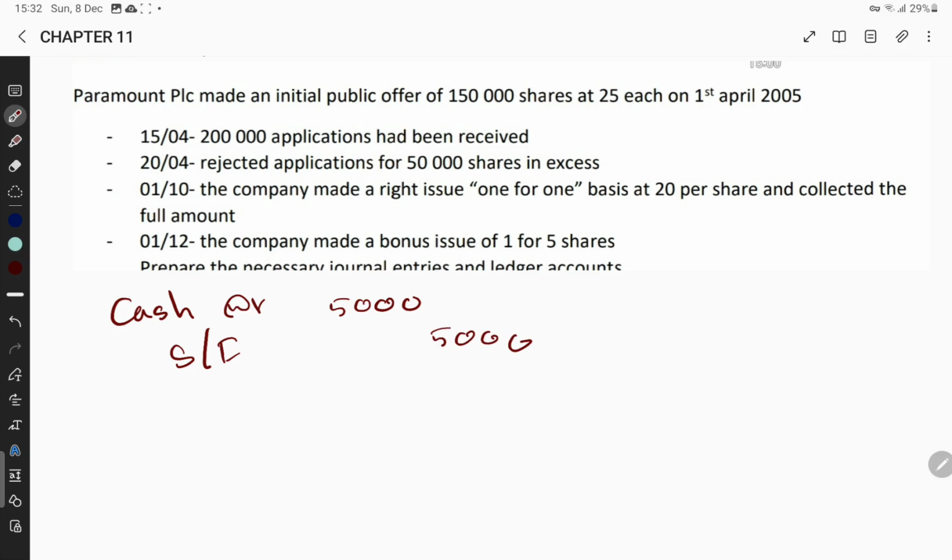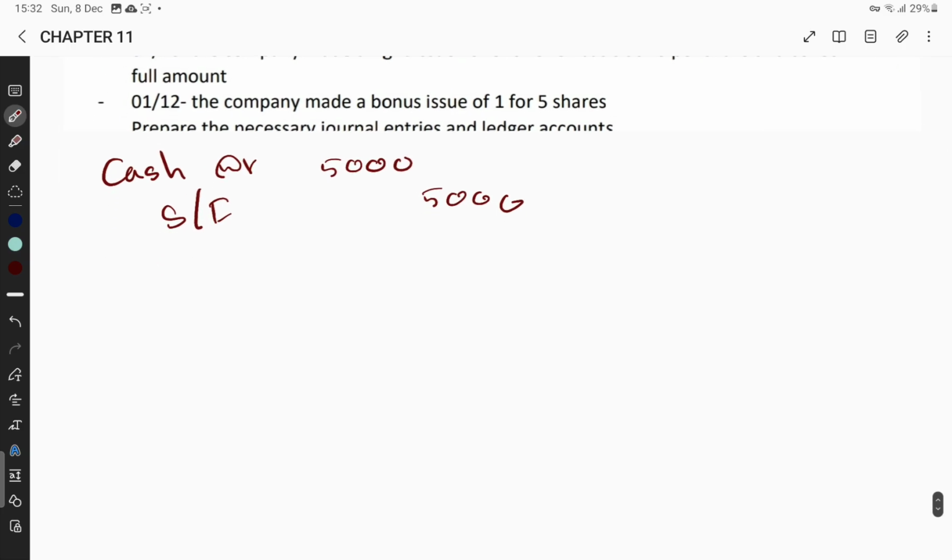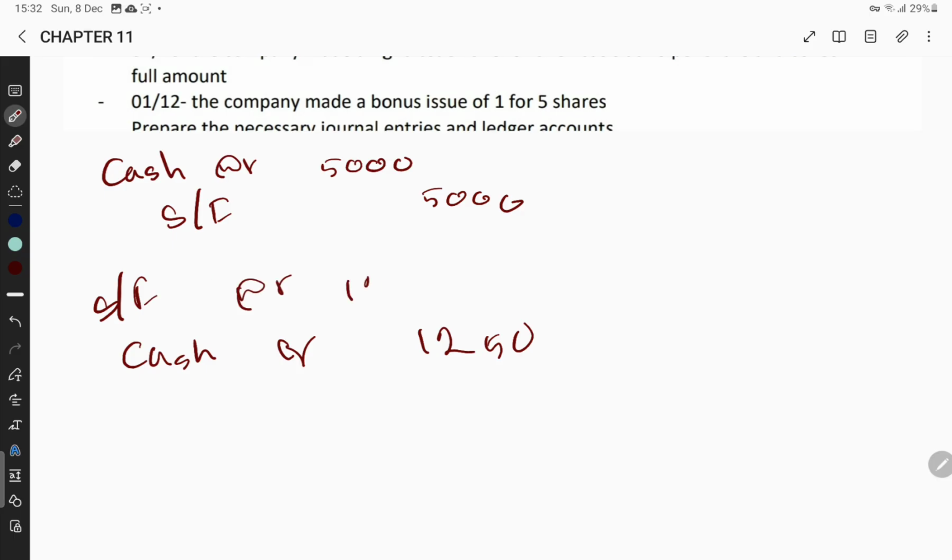And we have rejected 50,000 shares. So 50,000 into 25, we have rejected 1,250. So when we reject, cash is going out. Cash account credit 1,250 and share issue account debit 1,250.